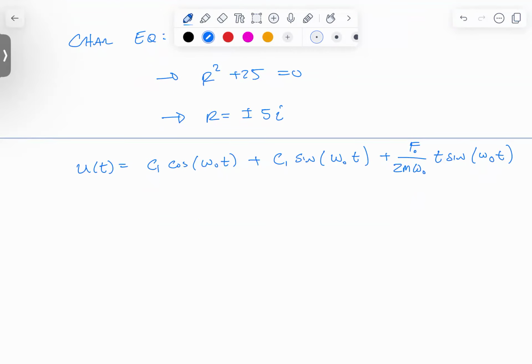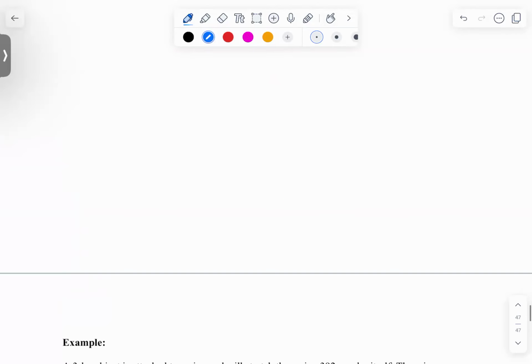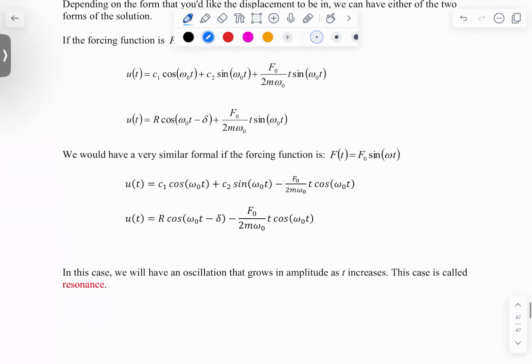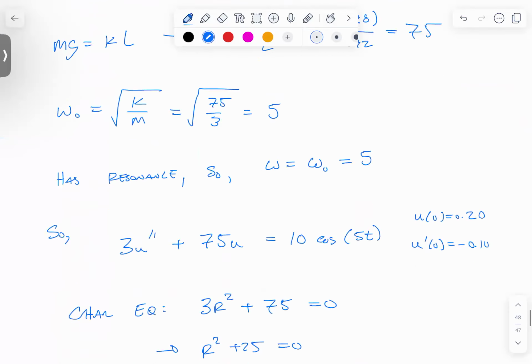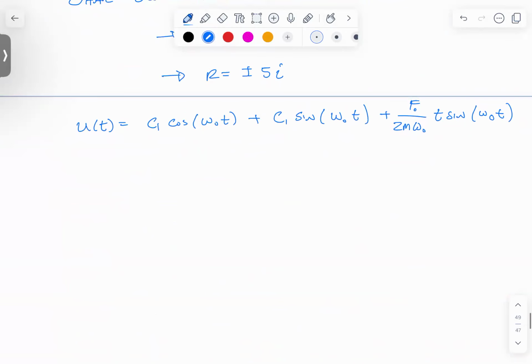We had a cosine forcing function, and I'm just pulling this equation down with the cosine forcing function, because I need to initially find C1 and C2. But I should have just about everything to plug into my equation.